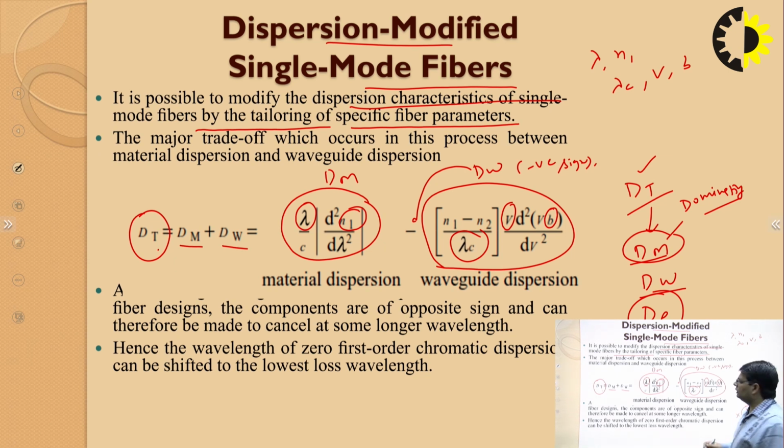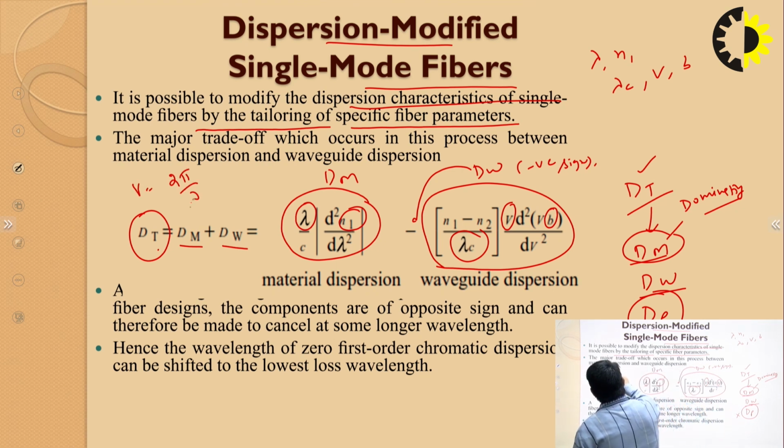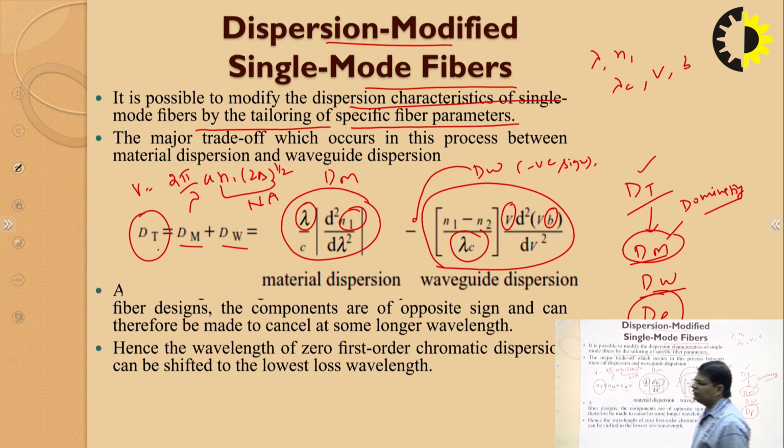We also know that the formula for V number is V equal to 2 pi by lambda times a times n1 times (2 delta) power 1 by 2, that is the numerical aperture. So we can also modify the value of V by modifying parameters such as the radius of the fiber, the numerical aperture, or we can also say delta, the relative refractive index difference.